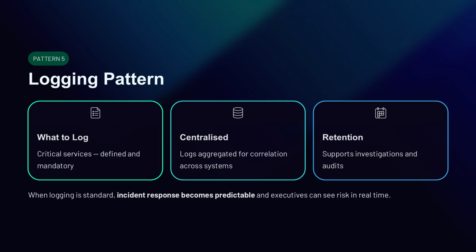When logging is not standard, incidents become slower and more expensive because teams cannot correlate events across systems. When logging is standard, incident response becomes predictable, and executives gain confidence that the organization can see and manage risk in real time.